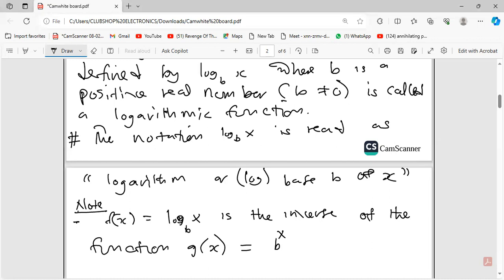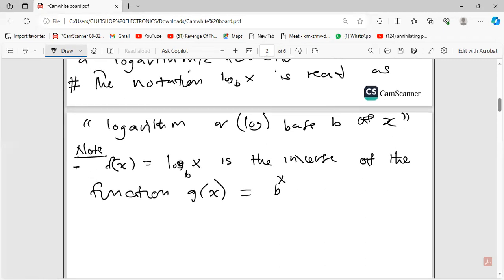These are just inverse functions. So b to the power x is the inverse function of log b of x.